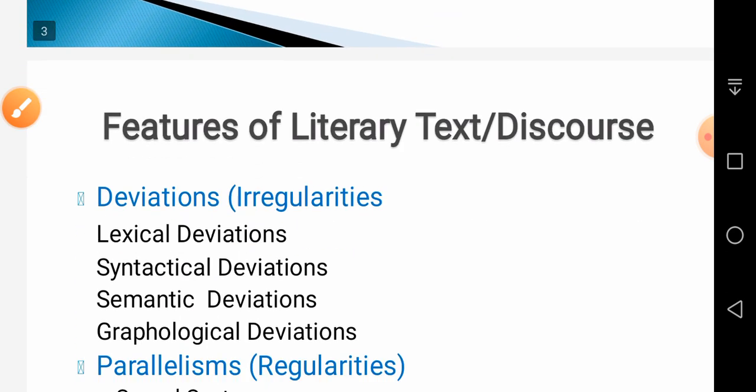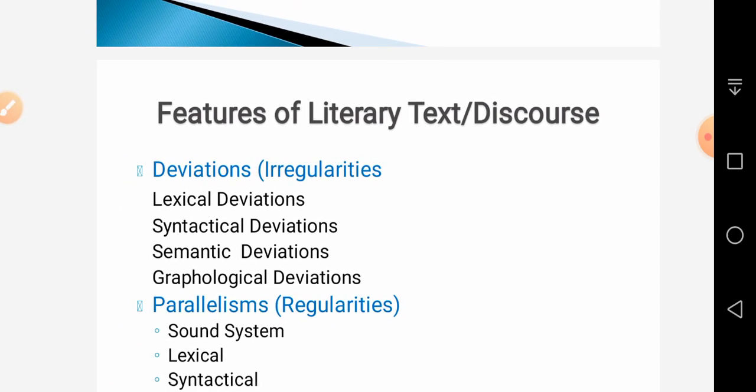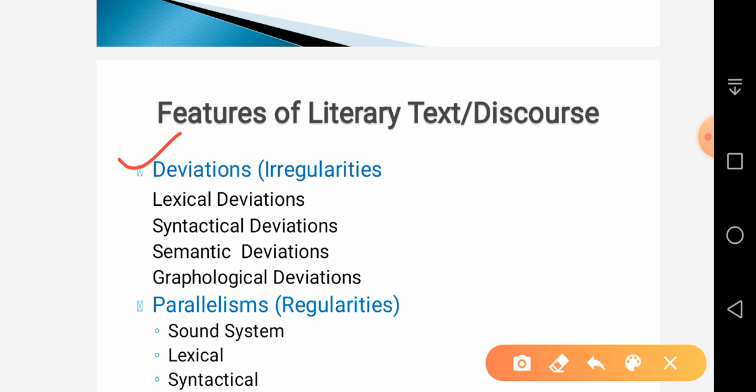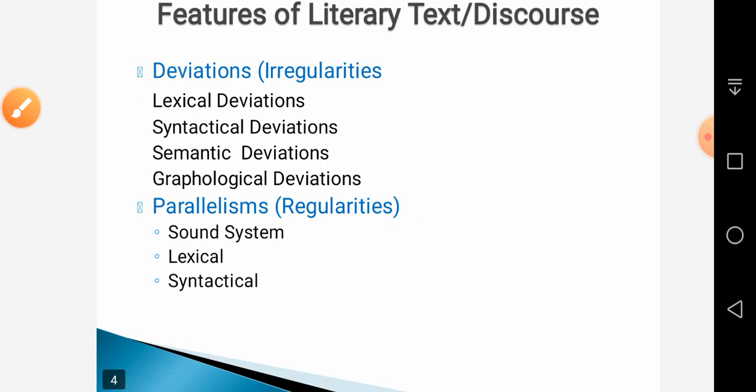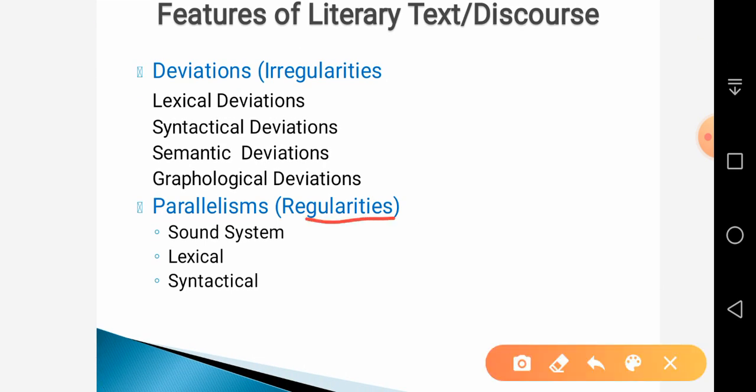Now, what are the features of literary text? So, we can see that literary text have got a lot of deviations or irregularities, such as lexical deviations, syntactical or syntagmatic deviation, semantic deviations, and graphological deviations. Okay, now as far as the parallelisms are concerned, they relate to sound system, lexical parallelisms, and syntactical parallelism.